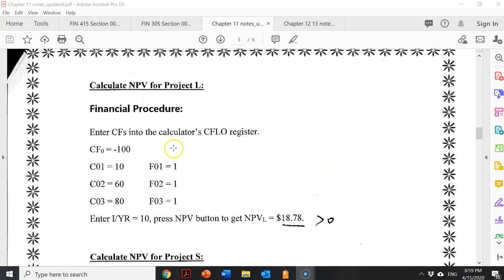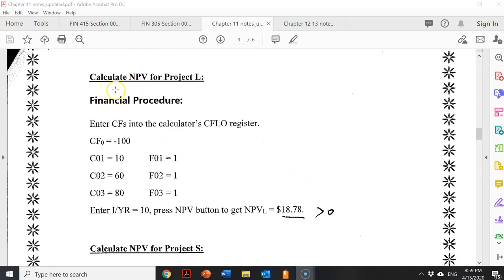If we want to calculate NPV for project L, we will have to enter cash flows into the cash flow function. Cash flow 0 as -100, cash flow 1 as 10, frequency 1 as 1, cash flow 2 as 60, frequency 2 as 1, cash flow 3 as 80, frequency 3 as 1.